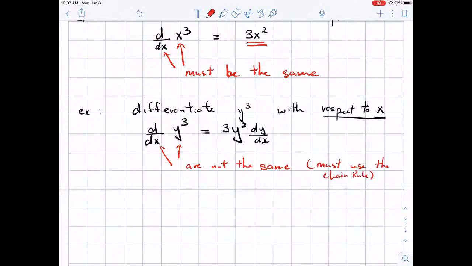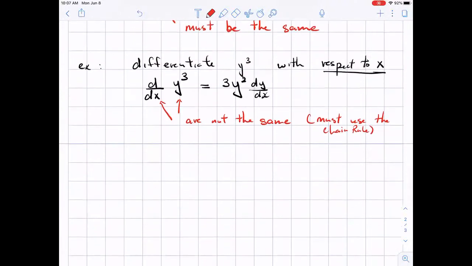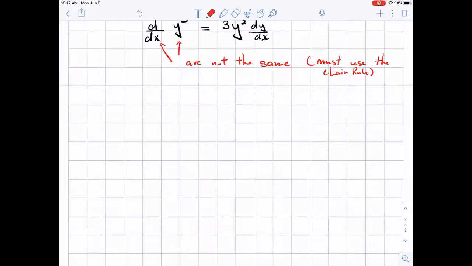We must use our chain rule. And remember what the chain rule is, right? So recall the chain rule.